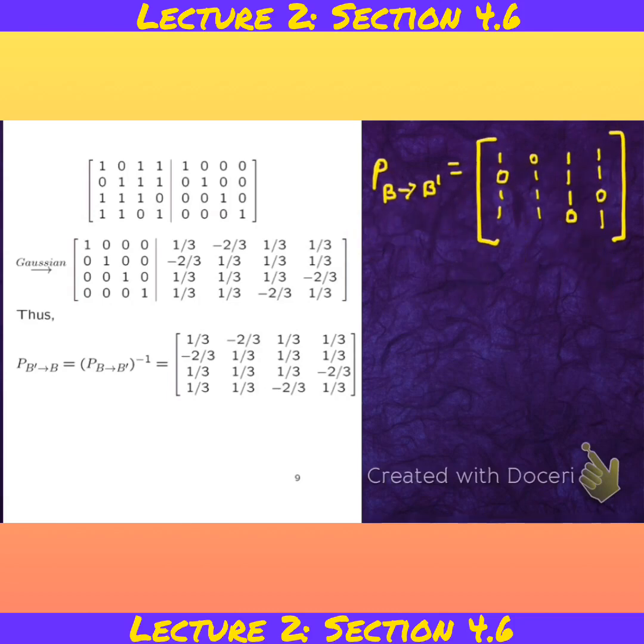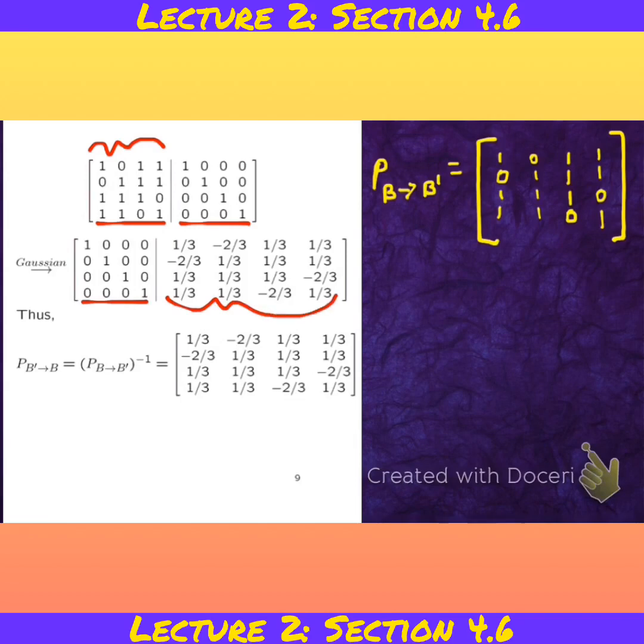Right, so there we have our information, and if we look at the change of basis matrix that we derived, we get that one there, and we want to find its inverse using Gaussian elimination. So we write down the identity matrix on the right hand side, and we use Gaussian elimination, rewriting this matrix using row operations to find the identity matrix on the left hand side, and whatever is on the right hand side is my inverse.